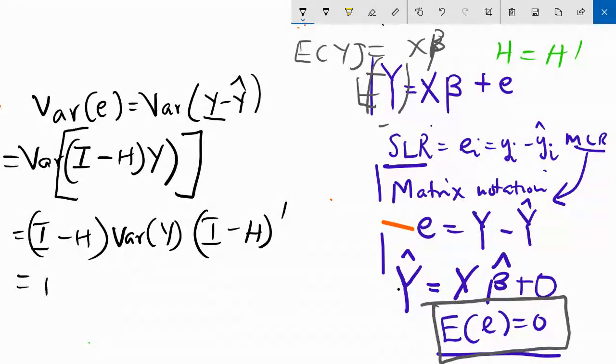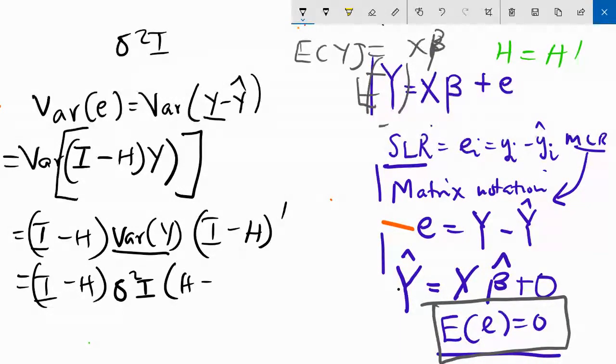And then this one is the same as I minus H. The variance of y, you know that the variance of y is sigma squared multiplied by the identity matrix. But usually, even if you didn't write the identity matrix, it's fine. Because we're dealing with matrix notation, you can indicate it. You know this one even from Mr. Chabalala's section. Identity minus H prime.